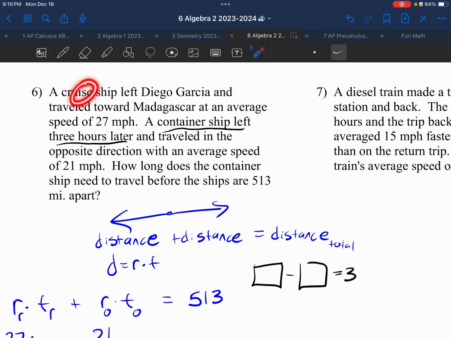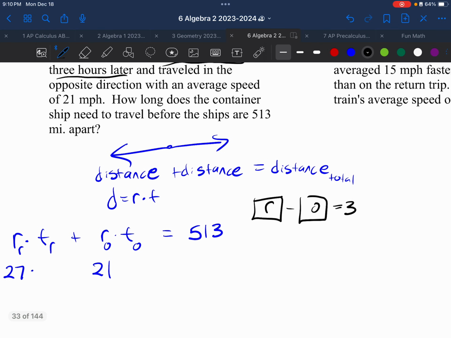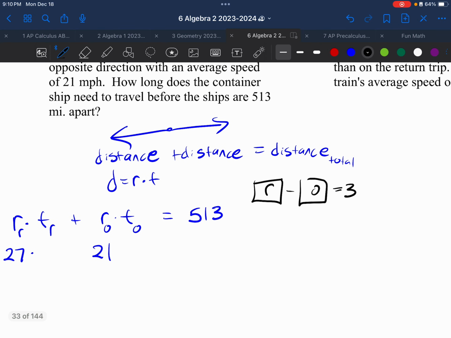So it's going to be cruise ship minus the container ship, and that's going to give us 3. If I were to add the container ship to both sides, we get the cruise ship is equal to container ship plus 3.